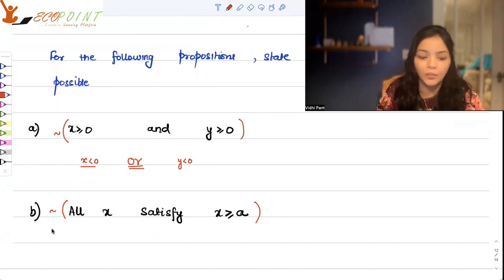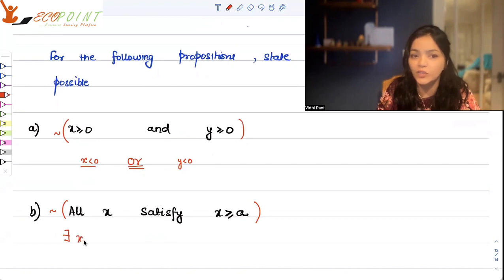If I want the opposite of this, or if you want to oppose me, then you would tell me that no, we can find at least one such x. This symbol is there exists at least one.